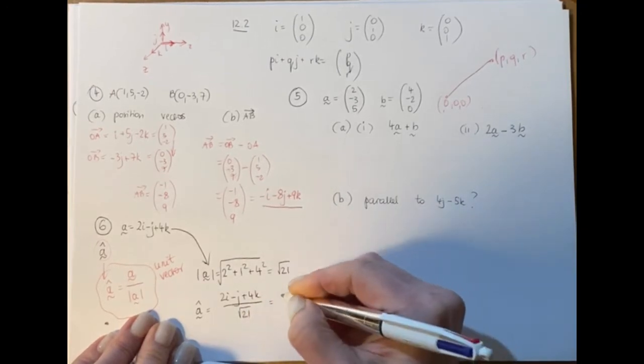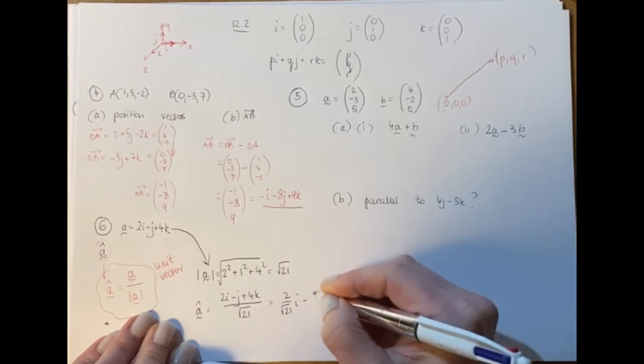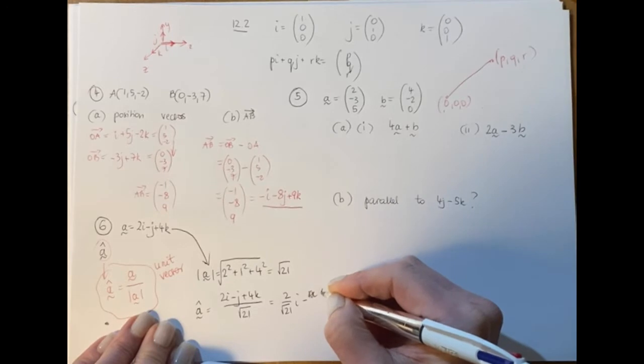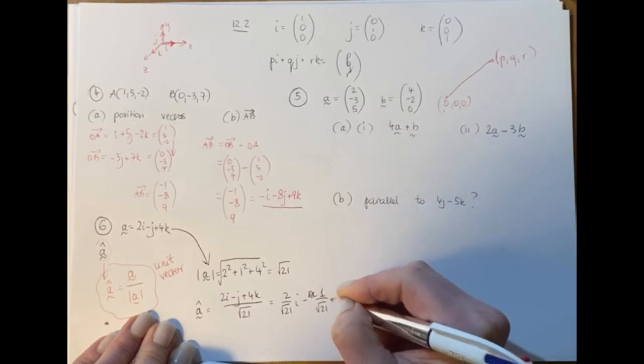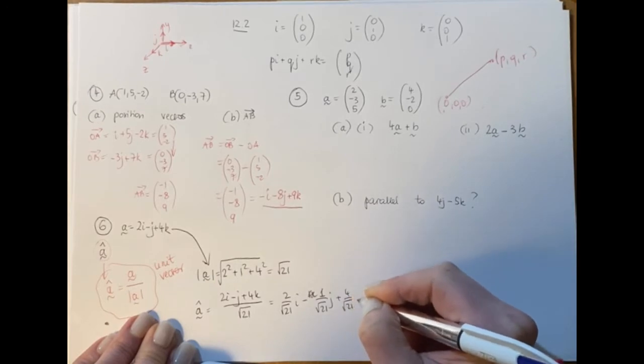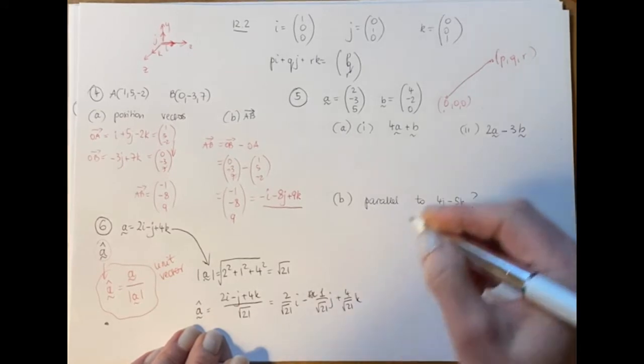So you could write it as 2 over root 21 I minus 1 over root 21 J plus 4 over root 21 K. Or you can write it as a column vector.